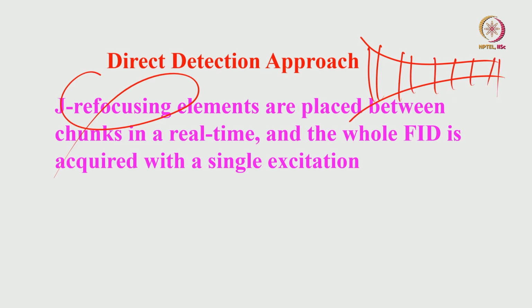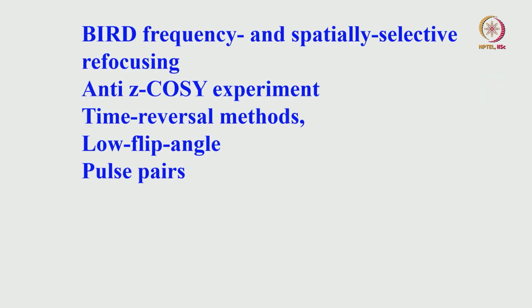If n such elements are applied while collecting the signal, in each of these J gets refocused and the whole FID is acquired in a single shot. While acquiring the data, J's are refocused. So there are several J refocusing elements.